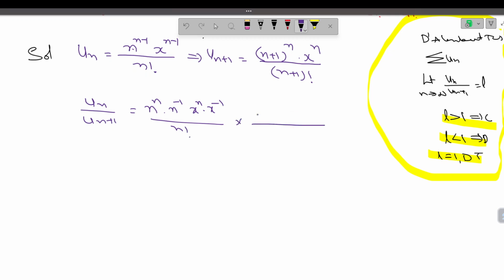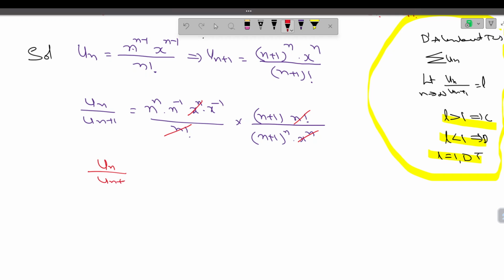For un+1, I am writing n plus 1 into n factorial by n plus 1 whole to the power of n into x to the power of n. So x to the power of n gets cancelled, and this n factorial gets cancelled.